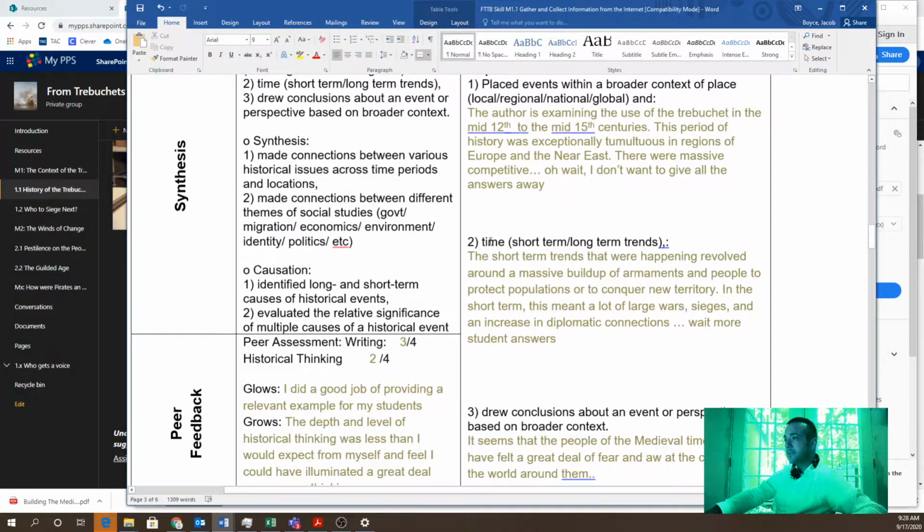So the next piece is the short-term, long-term trends revolving around massive buildup of armament. So the trends that were going on at the time, short-term and long-term. And this might take a little bit of outside research. This might take a little bit of diving into the details. The expectation is not for you to know all these short-term and long-term trends, but at least get at them as an important aspect of your interrogation of sources.